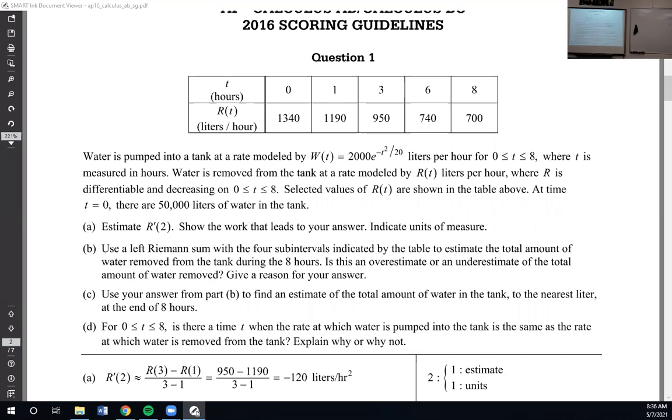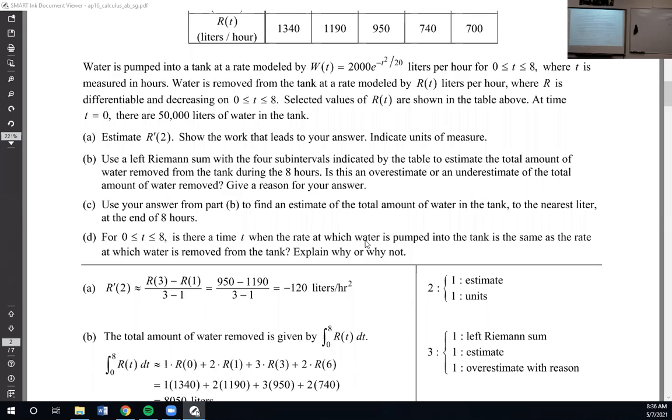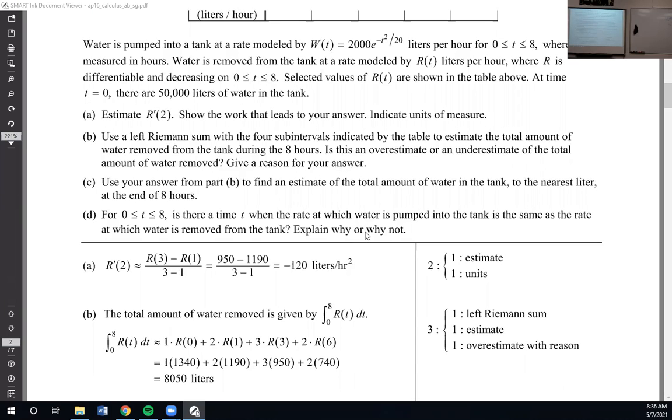Left Riemann sum. And left Riemann sum is going to use everything but the right endpoint. And that's going to be in liters. And I can show this in a little bit, but overestimate or underestimate for a Riemann sum, you can test this out by drawing some pictures.